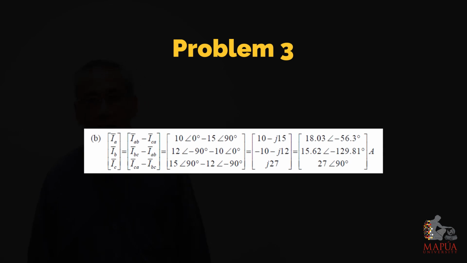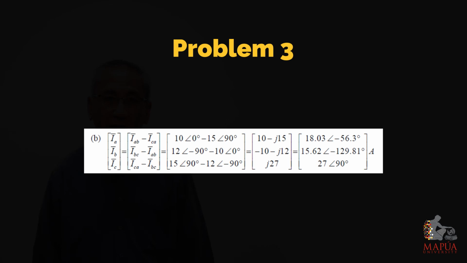Now, for letter B, we need to get the line currents IA, IB, IC flowing through the line. Since the load is delta connected, IA is equal to IAB minus ICA. So we just need to substitute the values.